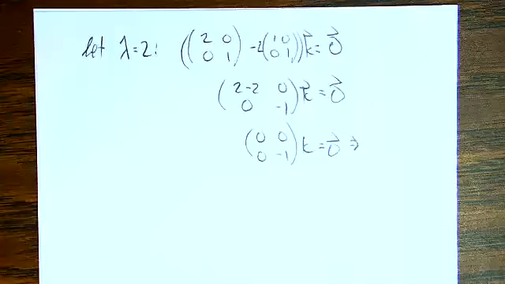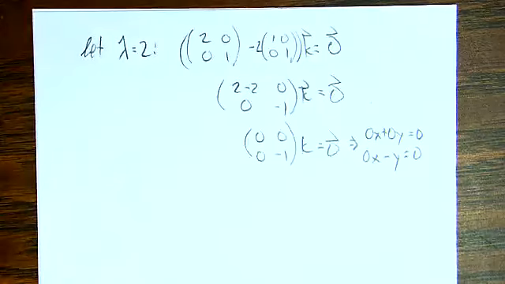Again, rewriting this as a system tells us that 0x plus 0y must be equal to 0, and 0x minus y must be equal to 0.